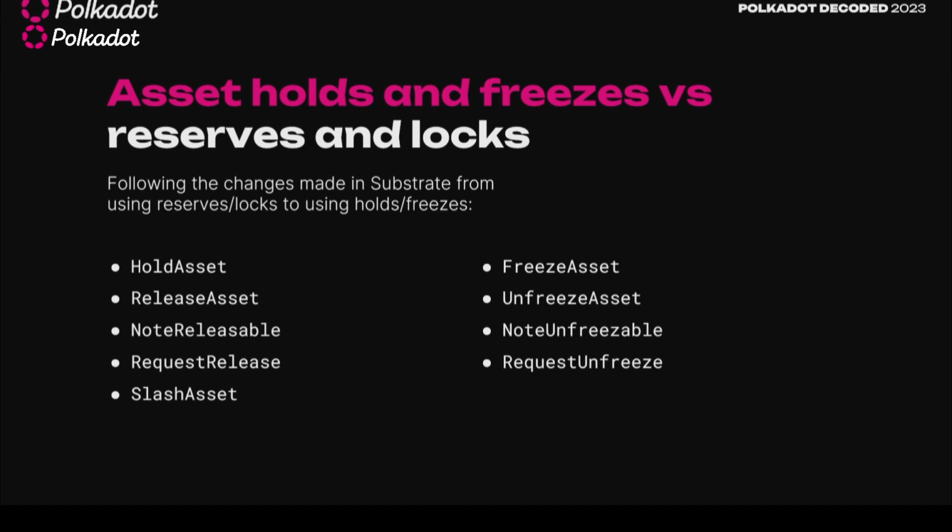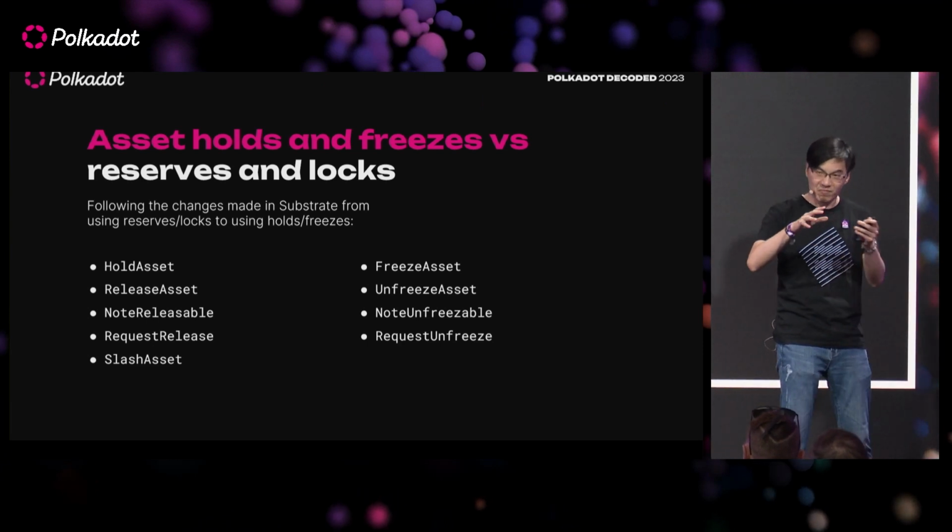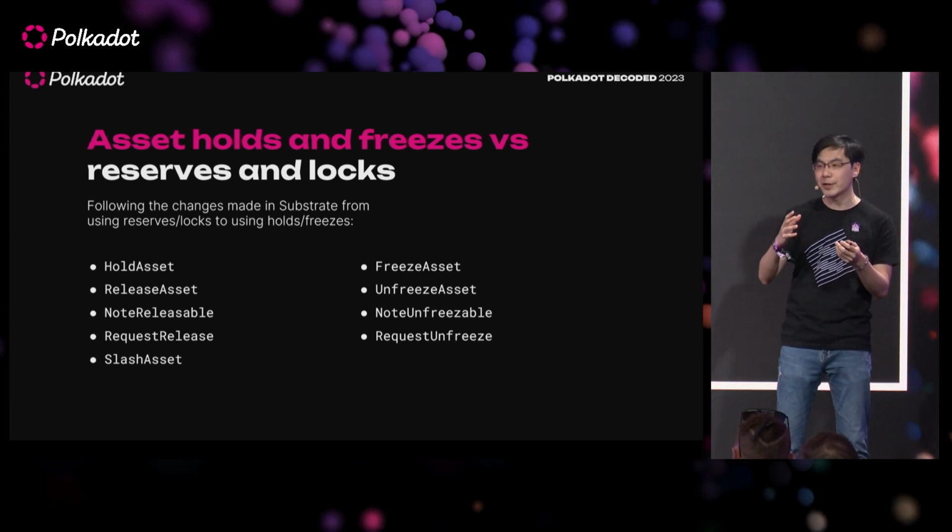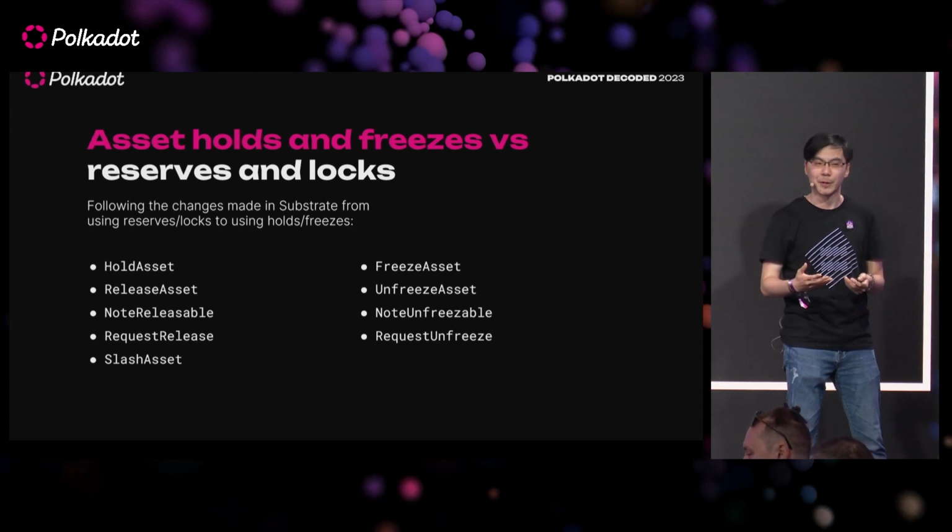So the first feature that we would like to add into version 4 is asset holds and freezes versus reserves and locks. This is basically mirroring the changes that we had on Frame. If you have not been following changes to Frame, we currently have a new trait that abstracts currencies and fungible tokens.